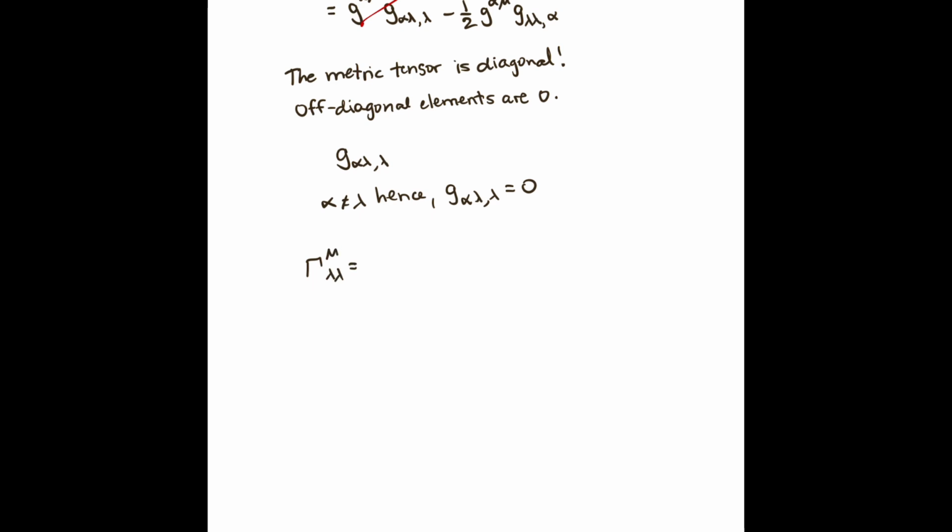Now we're left with Γ^μ_λλ is negative 1/2 g^αμ times g_λλ,α. Since the metric is diagonal, the inverse of the metric, or the g^αμ term, must have μμ as its indices. So basically we're just letting α equal μ.